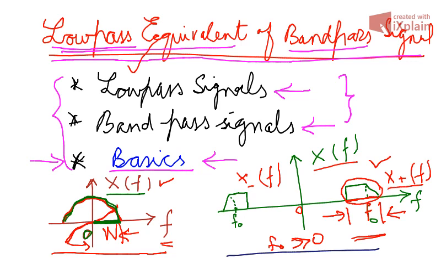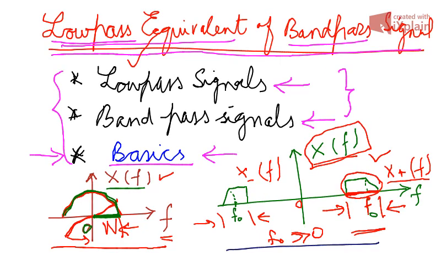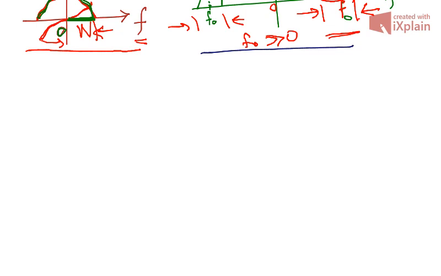One is the positive frequency part, X plus of f, which is the signal part having all positive frequencies, while here the frequencies are negative, X minus of f. We'll come to these definitions, and let's see these definitions first.